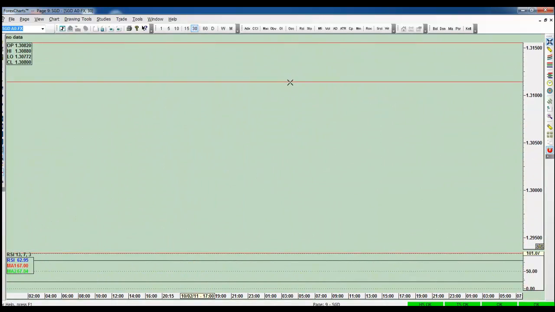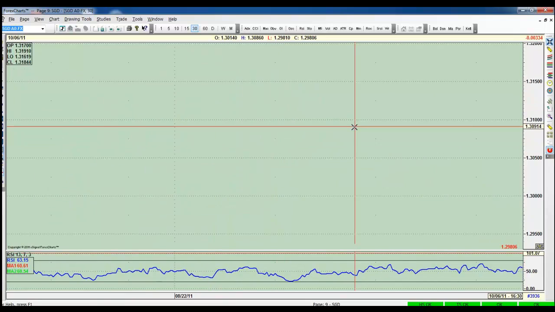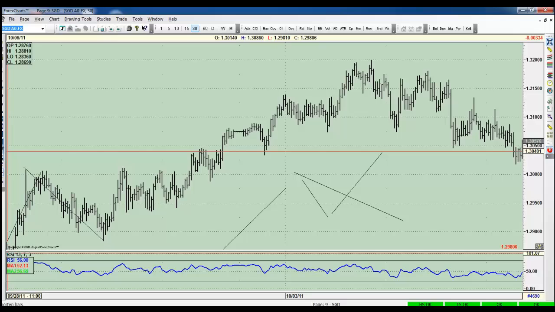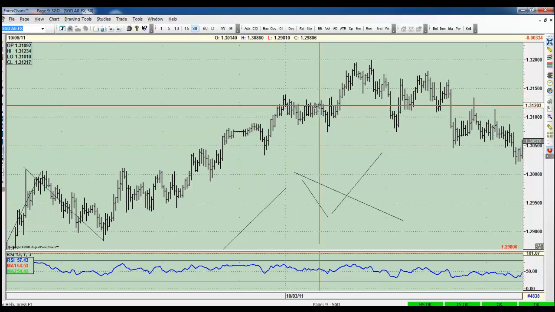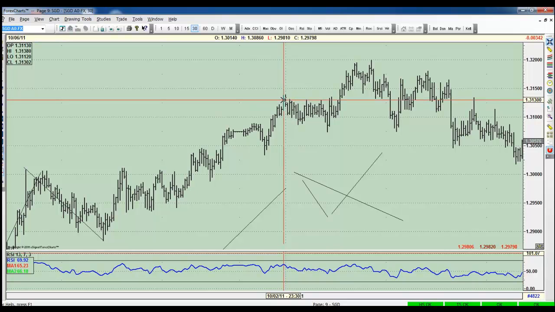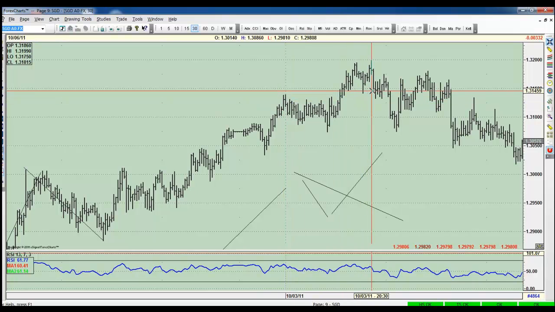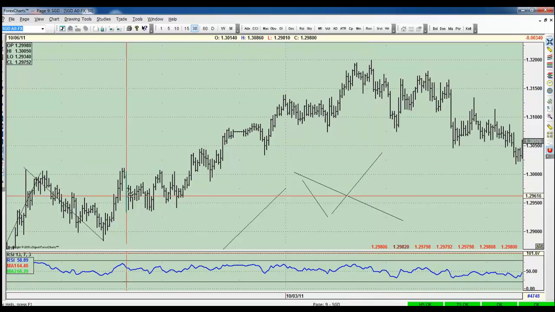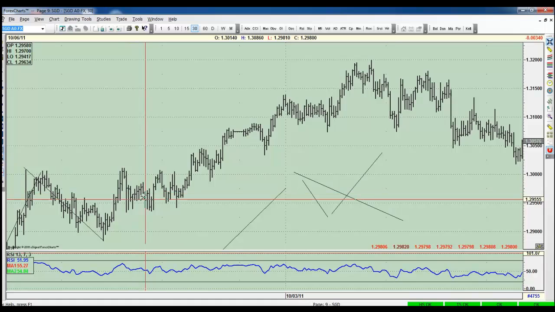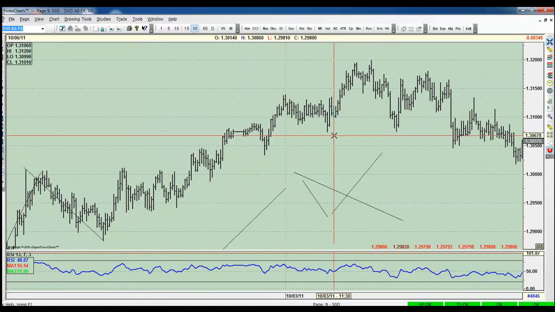Let's see if we can get it in the 30 minutes. Let me zoom it in. Okay, here you read 69.92, right here you read 61. So you see you got 5 waves from here. You got 1, 2, 3, 4, 5.